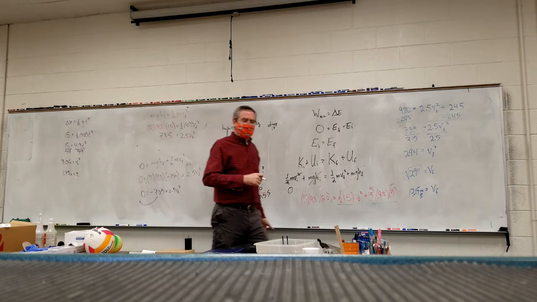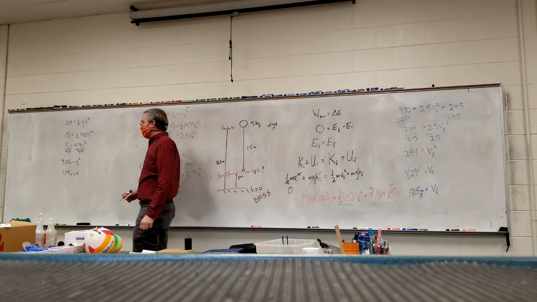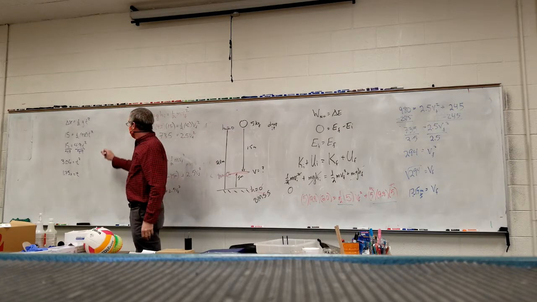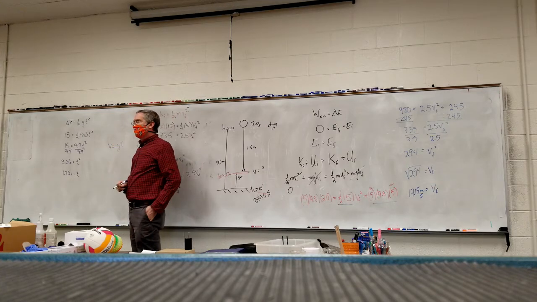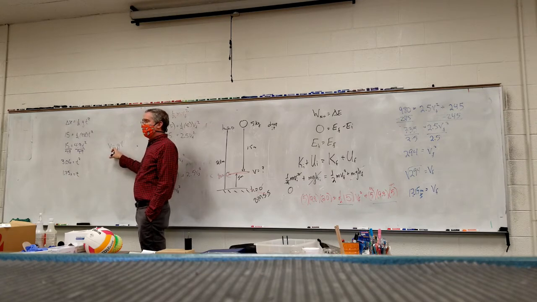Now that doesn't tell us how fast it's going, that just tells us how long it took to fall. But the chapter also talks about how fast it is going. Well, the speed is just going to be GT. So the rate at which speed changes times how long it's changing.